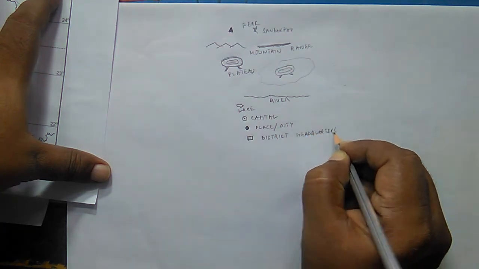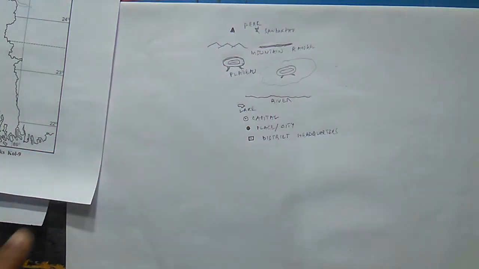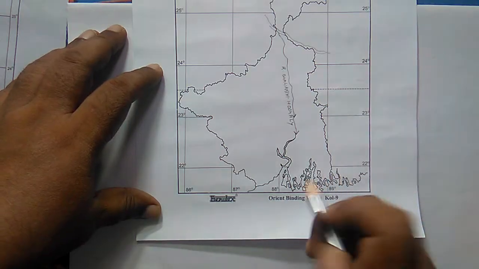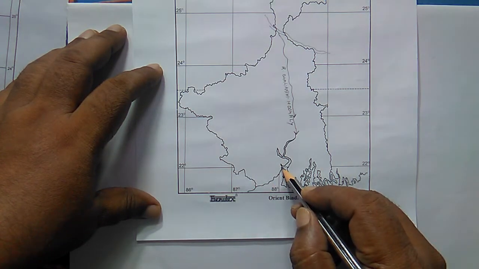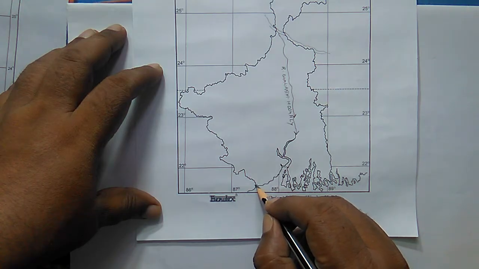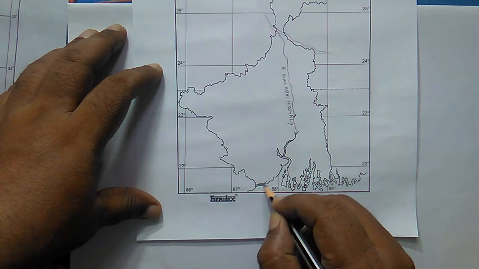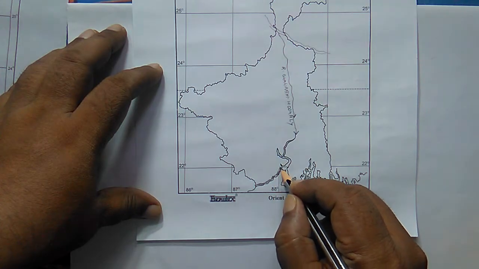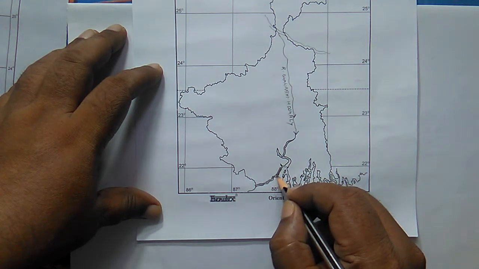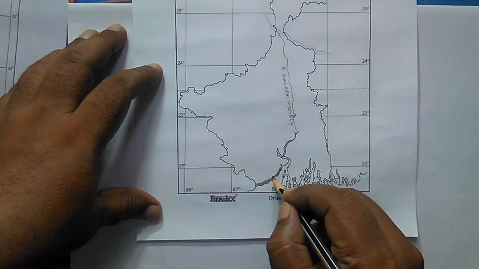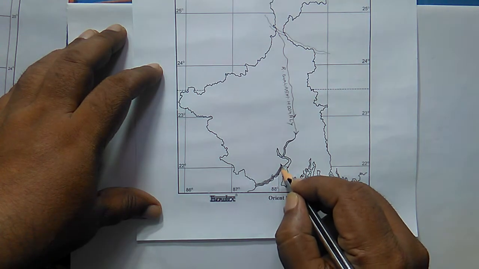Apart from that, in West Bengal, you may be asked to show the coastline. Though a very narrow coastline is there, this is the only coastline. Coastline is normally shown by marking out the area along the coast, and just as the coast is going, you have to thicken that line slightly, in the same area.